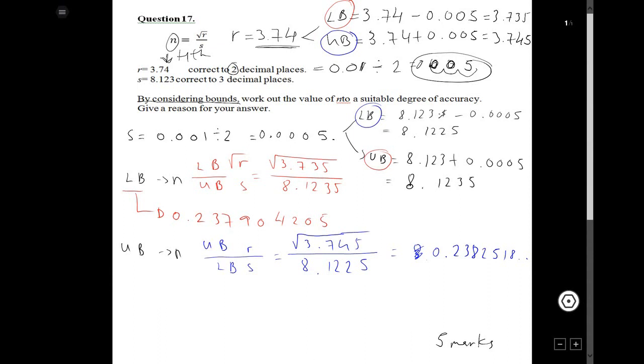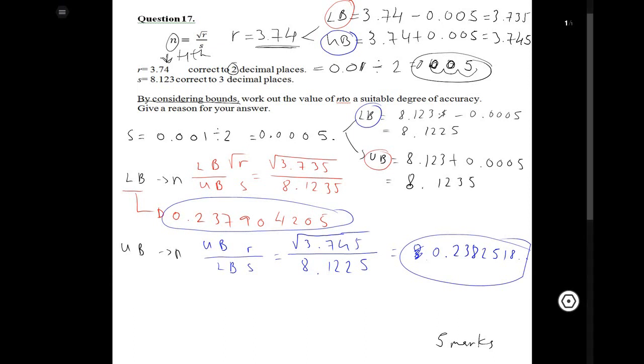So using them correctly gets me the second mark, the third mark overall. The fourth mark I get for getting these answers, so the lower bound and the upper bound for n. So that's the accuracy mark, which if you don't get them right, you don't get the mark. All the ones before were method marks.